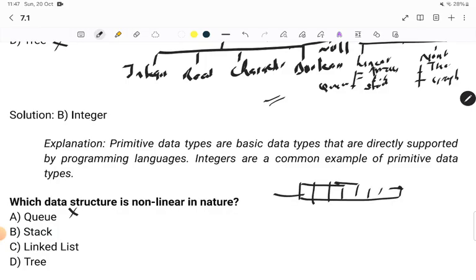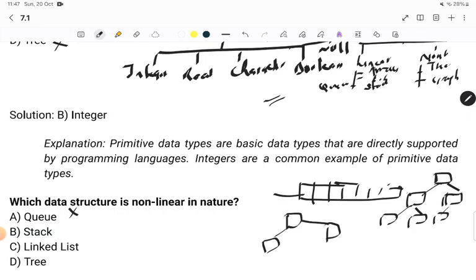But in non-linear, the data is stored not in a straight way, but in a hierarchical way, with children, or in a graph way. So queue is not non-linear, stack is also linear, linked list is also linear. So tree is the correct answer.